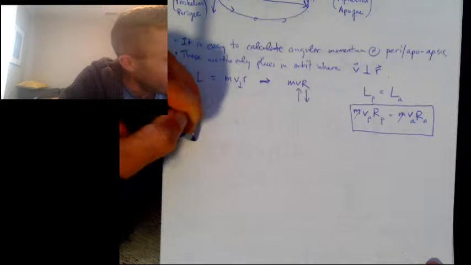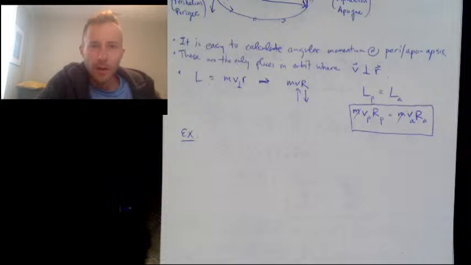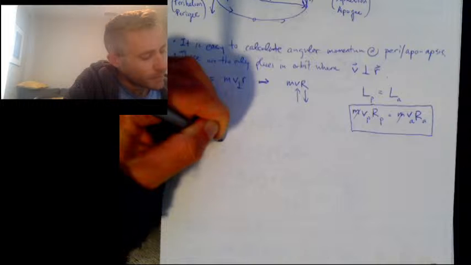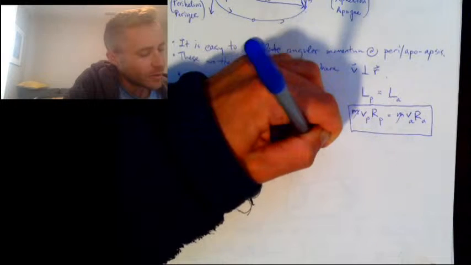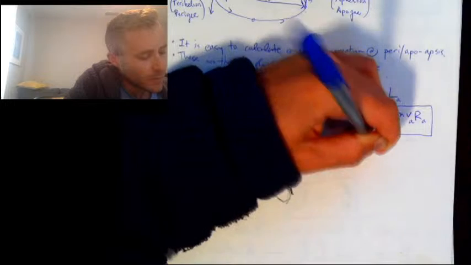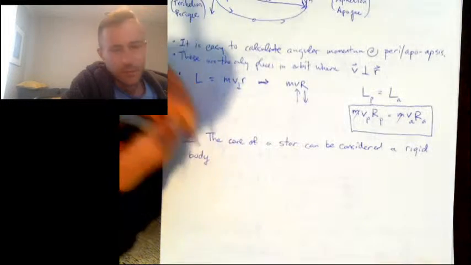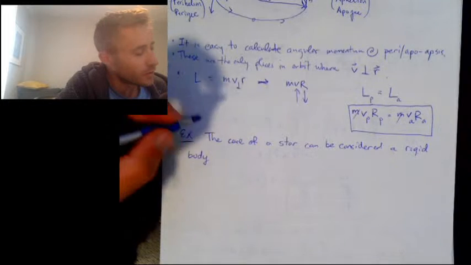Let's talk about another example. Let's suppose the core of a star can be considered a rigid body. It's not really a rigid body because it's made out of plasma, but we can consider it to be a rigid body.